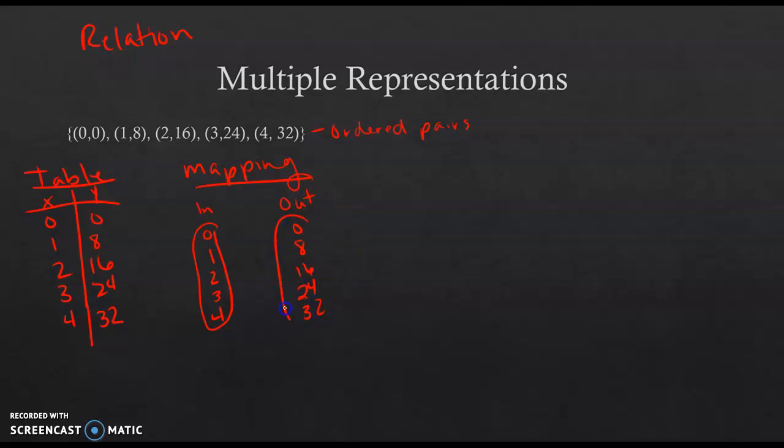The reason it's called a mapping is because I'm showing that my x maps to my y. And in this case, they're mapping straight across. They don't always have to map straight across. The x values can go to different y values.